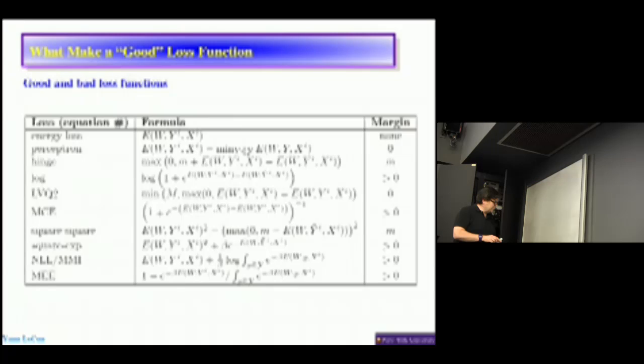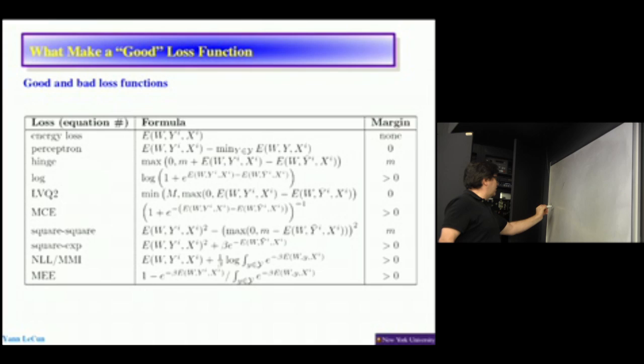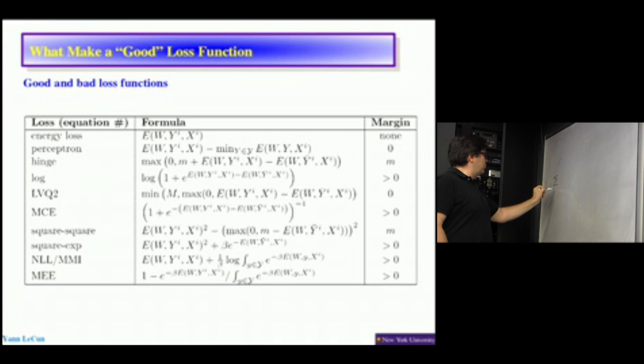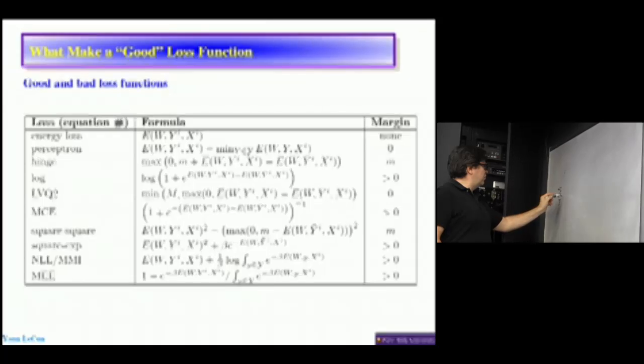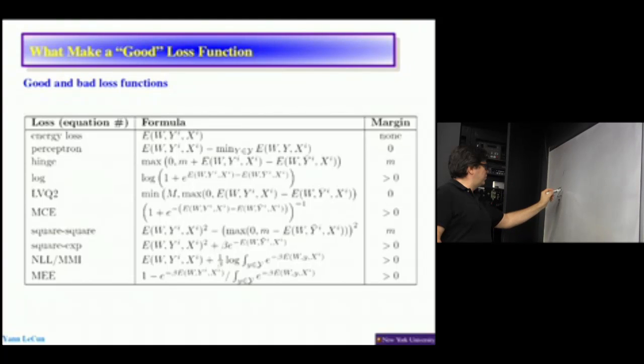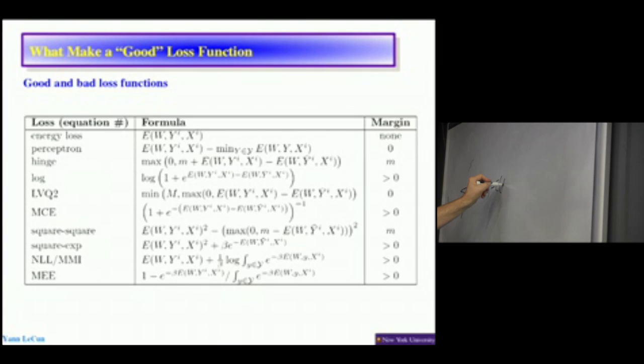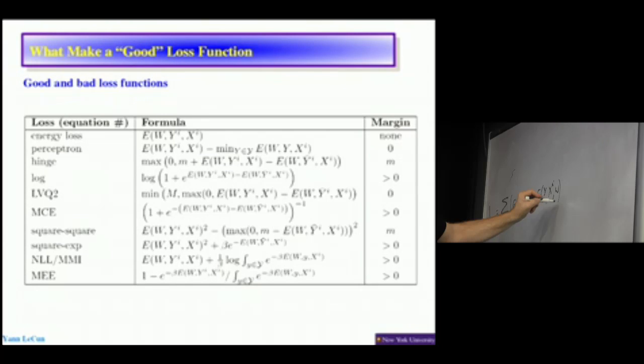So the loss function would be something like the sum over y of the energy of yi outside W minus the energy of y inside W plus d of y, yi. Okay, so this is for a single sample.